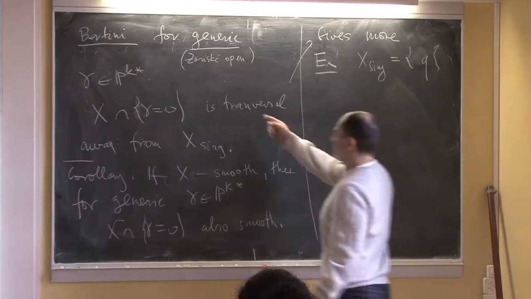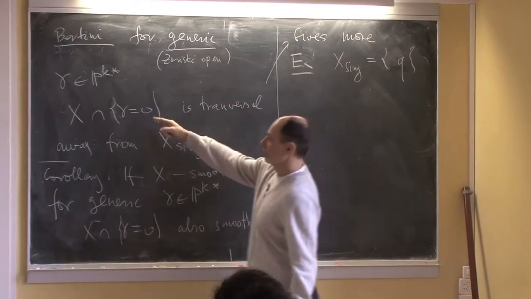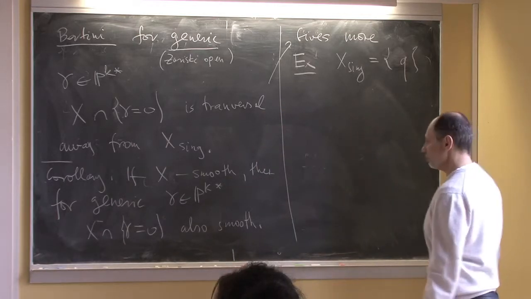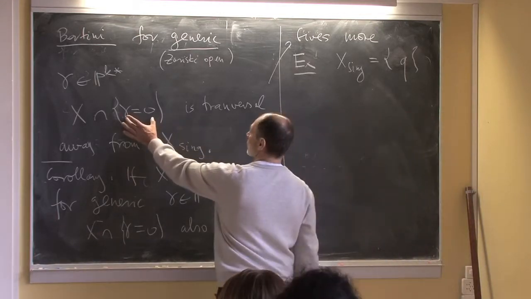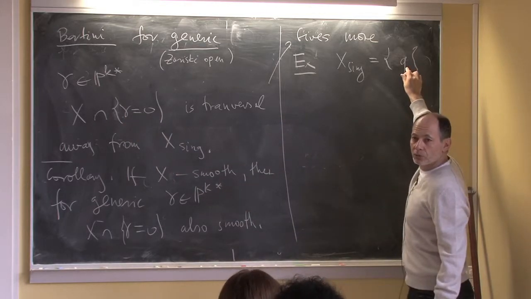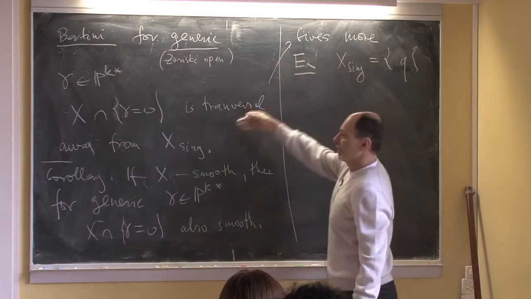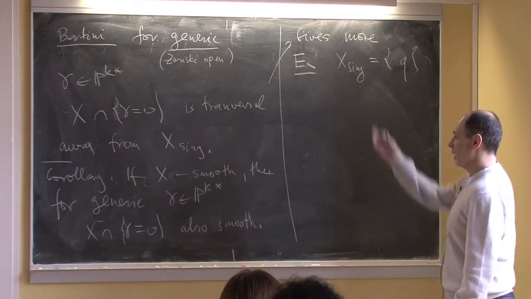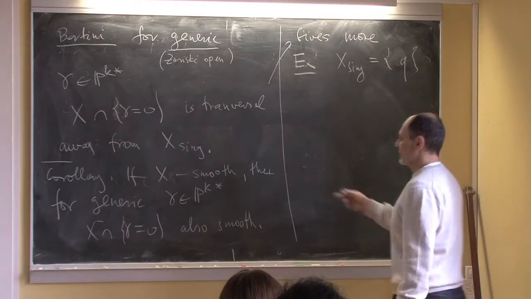Then, according to this, I can look at all the hyperplanes which do not contain this Q, and that's a closed subset of the hyperplanes.